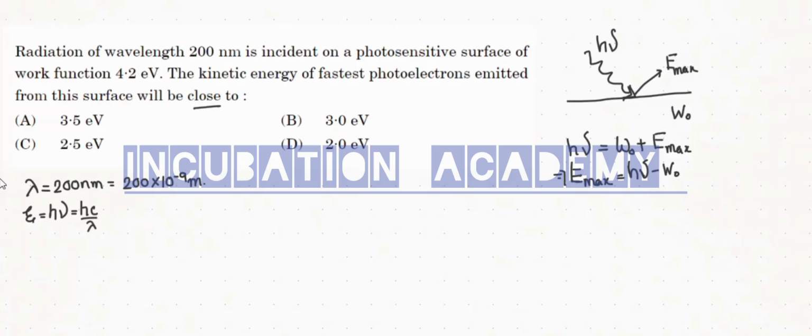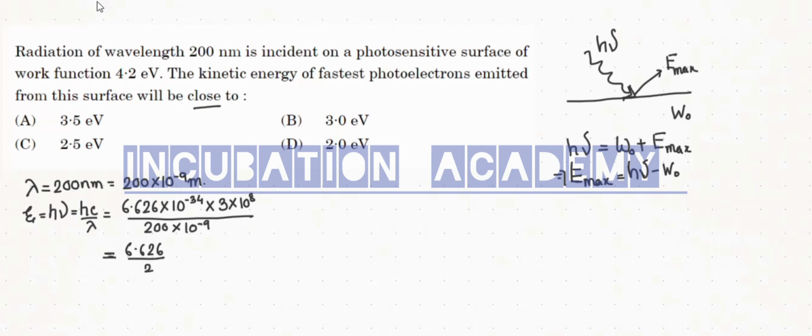H is 6.626 into 10 to the power minus 34, multiplied by 3 into 10 to the power 8, divided by 200 into 10 to the power minus 9. So I can write it as 6.626 divided by 2, and 3 comes here.